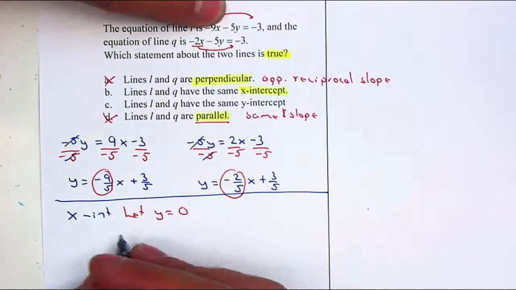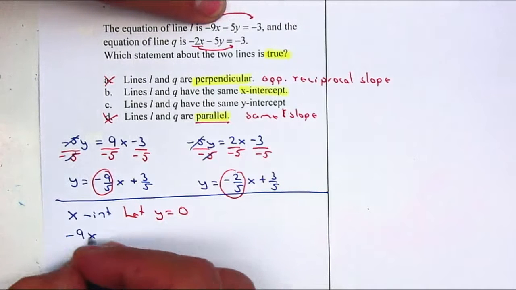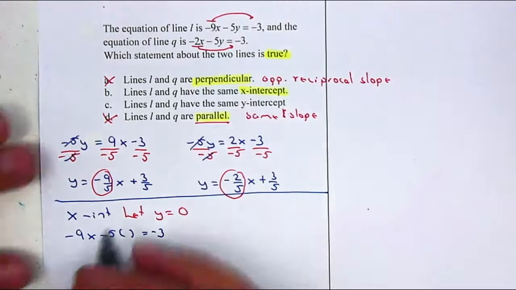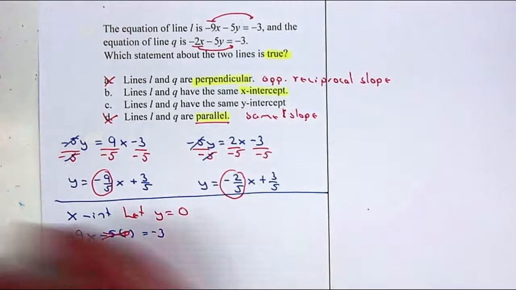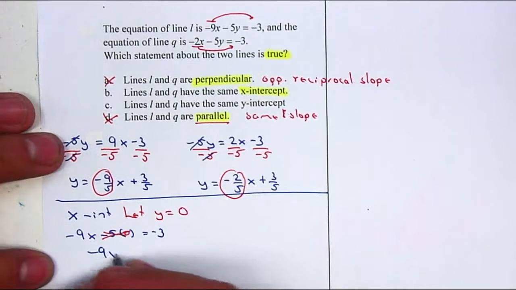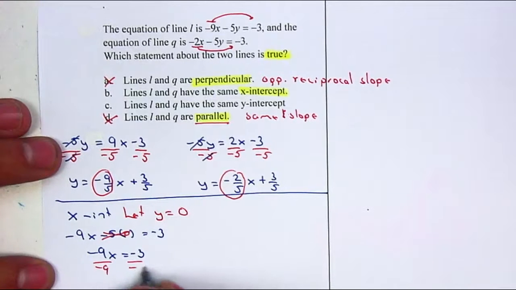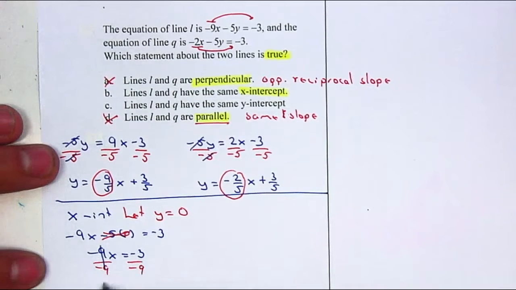And let's do it on the first one. Negative 9x minus 5y is equal to negative 3. So that cancels out. We have negative 9x equal to negative 3. We're going to divide by negative 9. That cancels. So x is equal to negative divided by negative is positive, so 1/3.